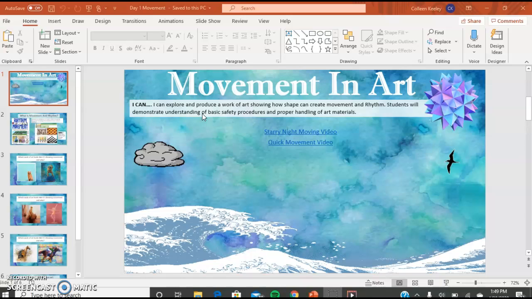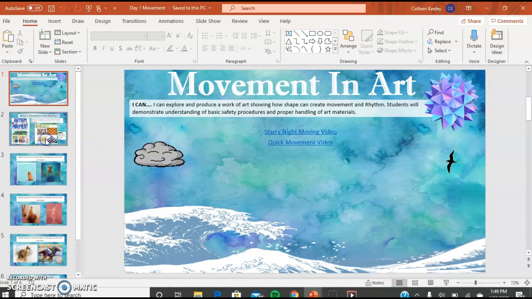When I think of movement, I think of animation, movies, TV shows, people running, cars driving, things that actually are moving. But as I grew up, I was proved wrong and introduced to the fact that art actually has movement to it. And it's in a different way than what I just described.